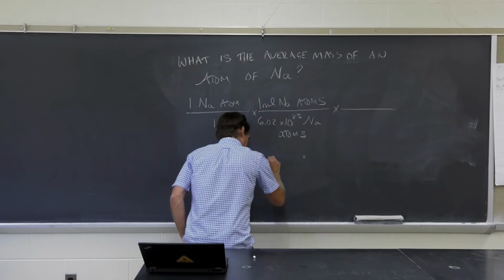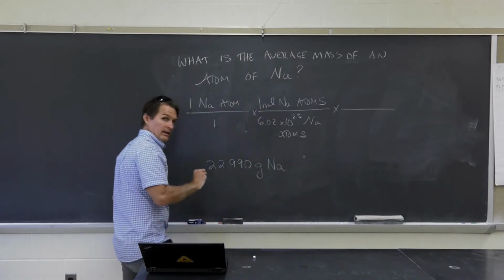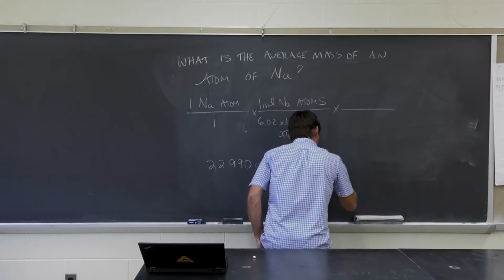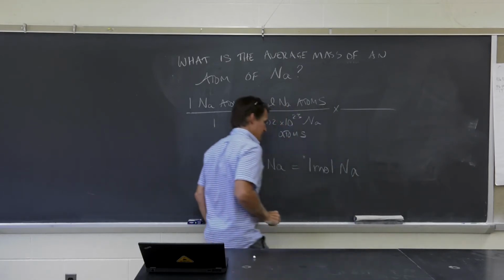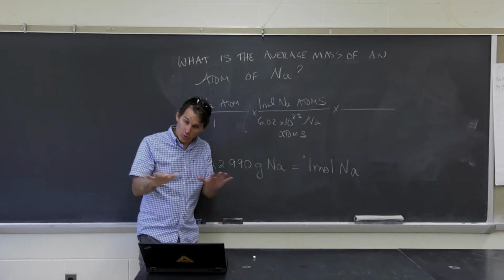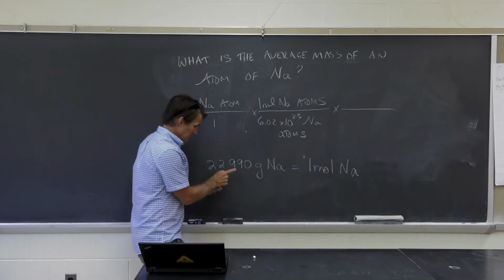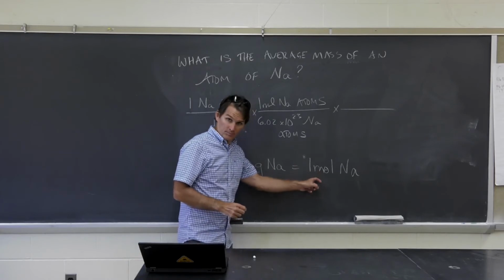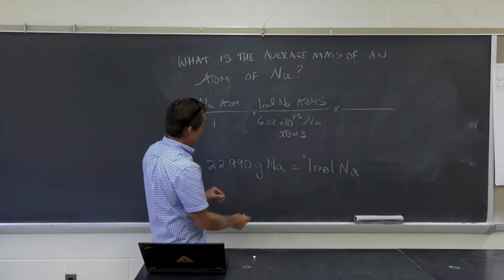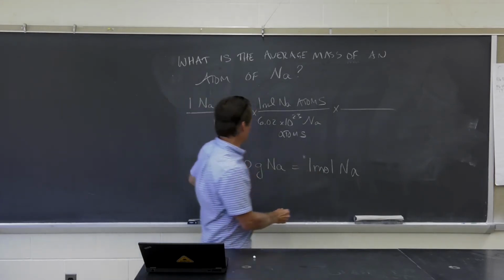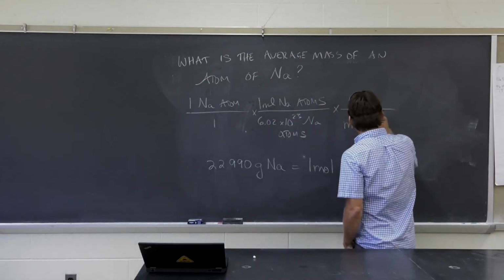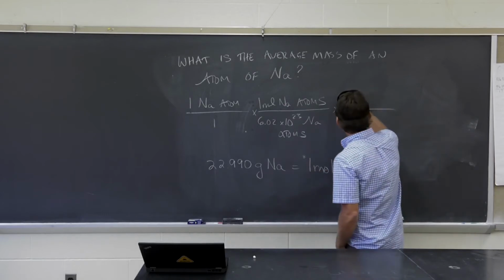That's how many grams of sodium is equal to 1 mole of sodium. That's what that bottom number is always going to connect. That bottom number will always tell us the grams in a single mole. And I'm going to use this conversion factor to give me the next step. Because I want to get rid of moles of sodium, and I want to move to grams of sodium.